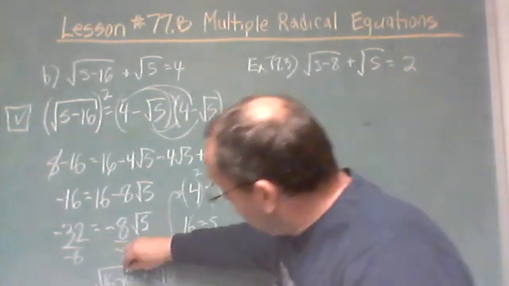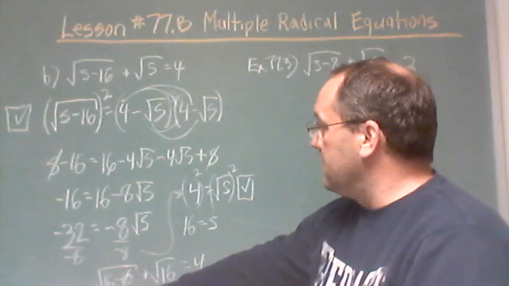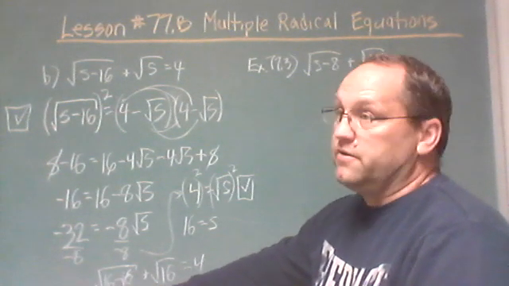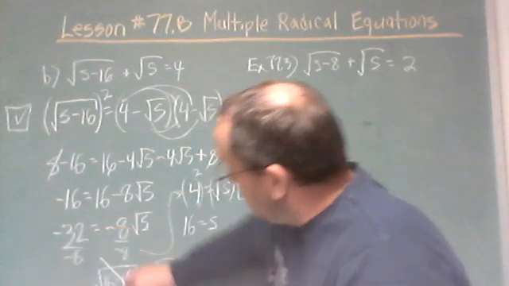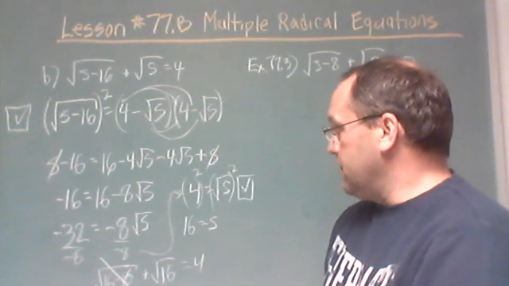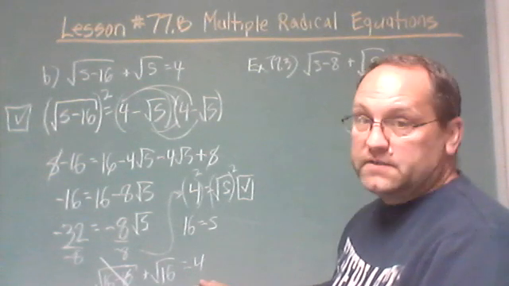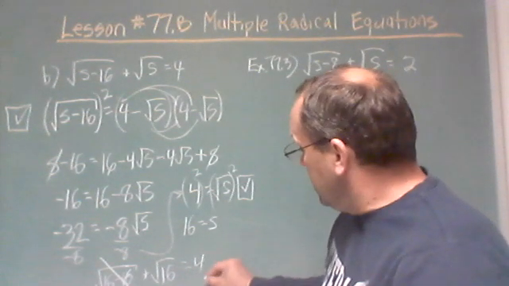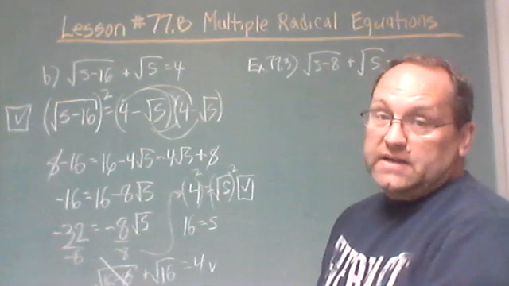I'm sorry about my messy writing. It's kind of hard to write on the chalkboard sometimes. So I get a 16 minus 16 under the radical symbol, which is 0. The square root of 0 is 0. That term there is nothing there. So I get a square root of 16 equals 4. What is the square root of 16? It's 4. 4 equals 4. It checks out.